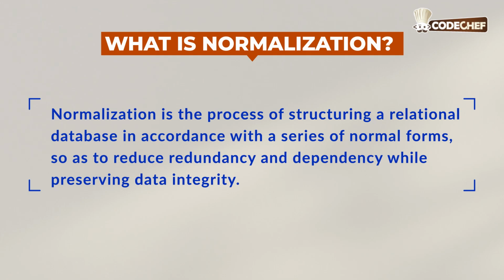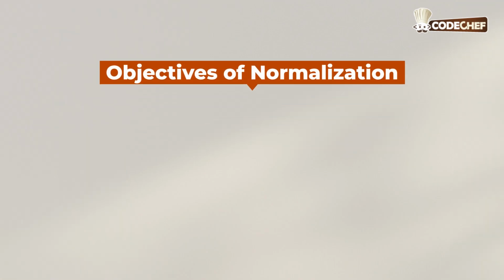But as the number of tables increases, redundancy and dependency create problems in maintaining the data integrity. For that, we use different normal forms. And the process of using those normal forms to reduce redundancy and dependency while preserving the data integrity is known as normalization.